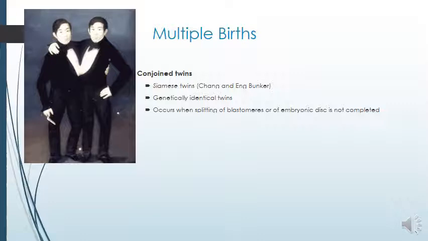They are genetically identical twins, and they typically share some skin, a portion of the liver, and perhaps other internal organs as well. When the fusion is minor, the infants can be surgically separated with some success. Most conjoined twins with much more extensive fusions fail to survive the delivery, or in some cases, only one is able to survive.